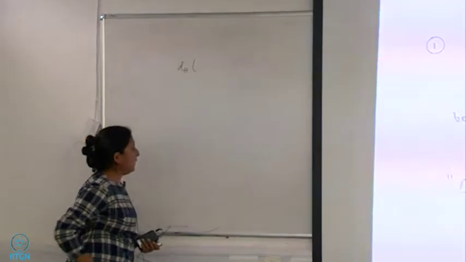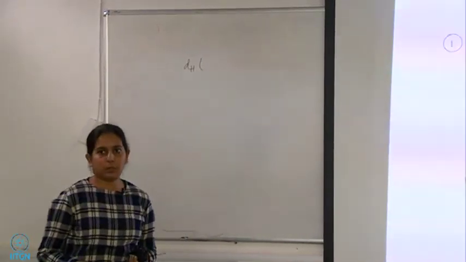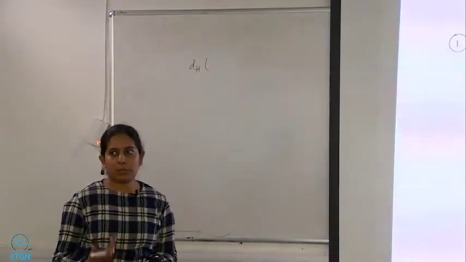Let me use D sub h to denote the Hamming distance between two sets, and let's think of every approval ballot as a subset of candidates, right?